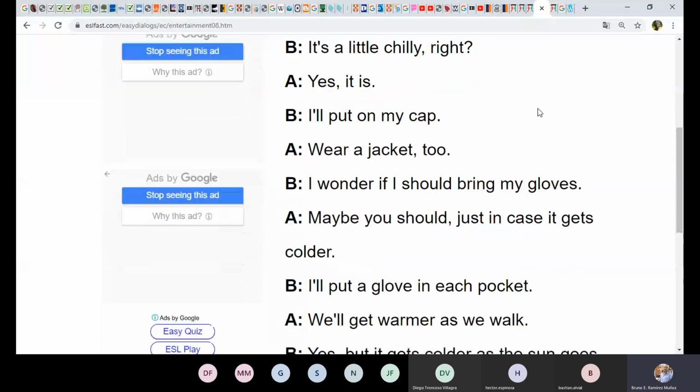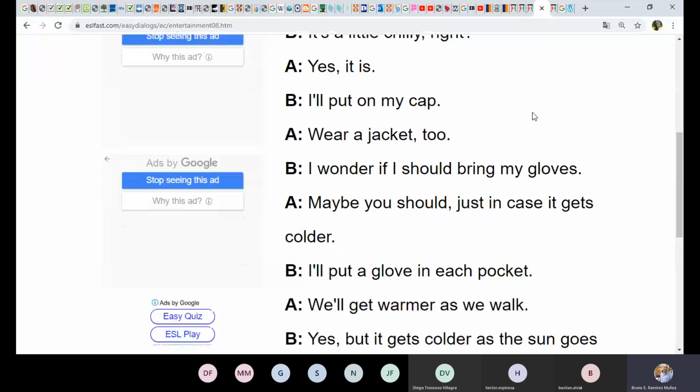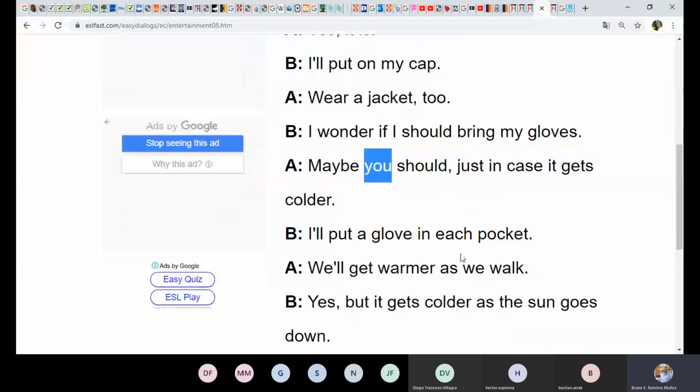In this section, is the speaker saying you, the strong form, or yeah, with the schwa? Maybe you should. Is the speaker saying maybe you should, the strong form, or maybe you should, the weak form? Okay.